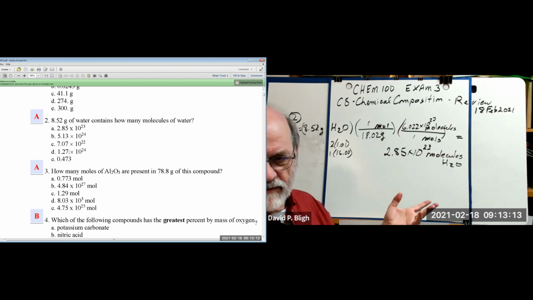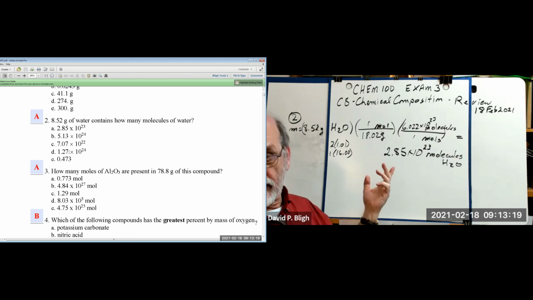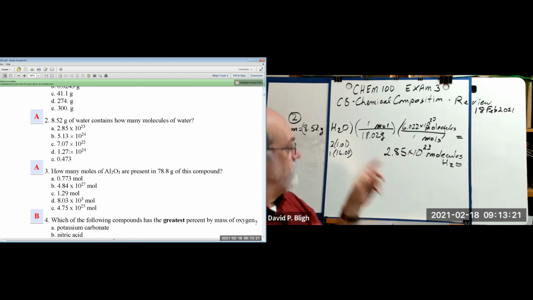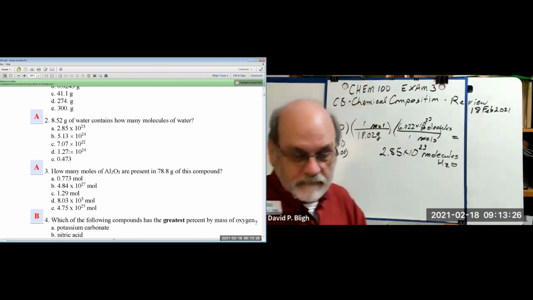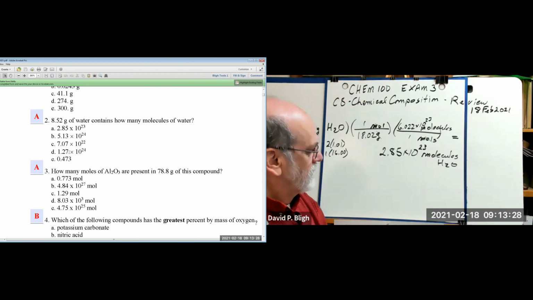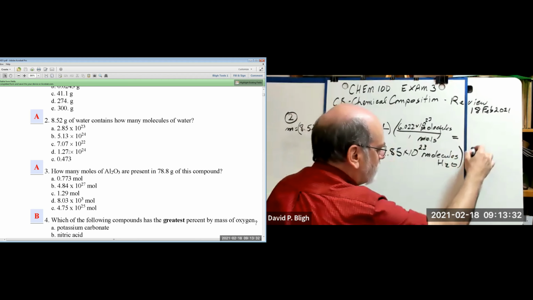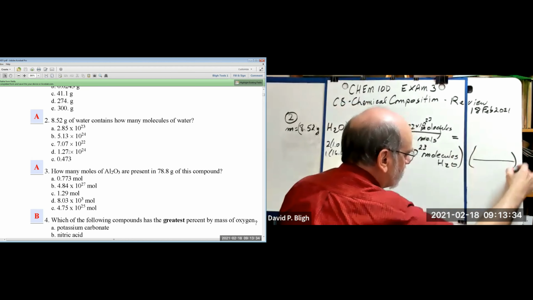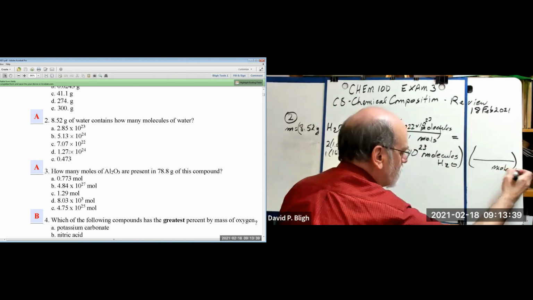Let's carry this one step further. How many atoms are in that many grams of water? Well, you need another conversion factor. So molecules is 1.